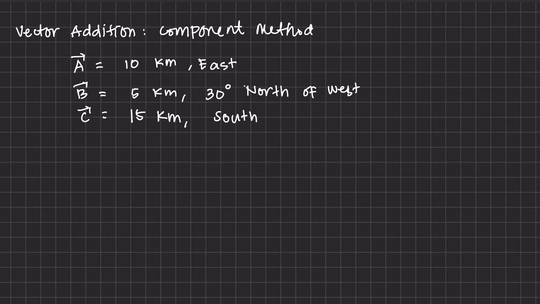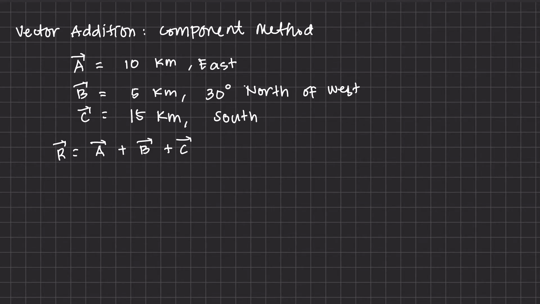There. So for this component method, it will be very easy because the resultant vector is just equal to vector A plus vector B plus vector C. Know that a resultant vector R will also have different components.